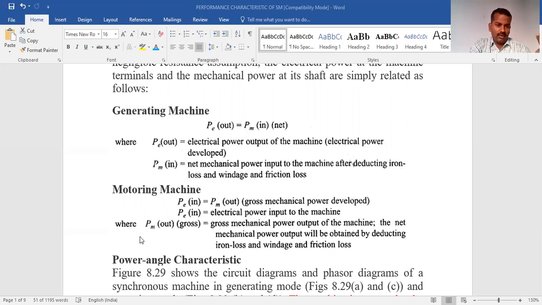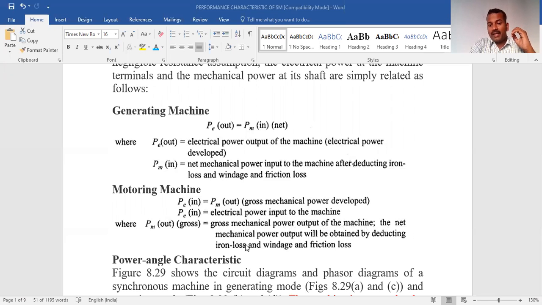But in the case of a motoring machine, Pm is the power output, meaning the power that will finally be available at the shaft of the motor, the gross mechanical power output of the machine.